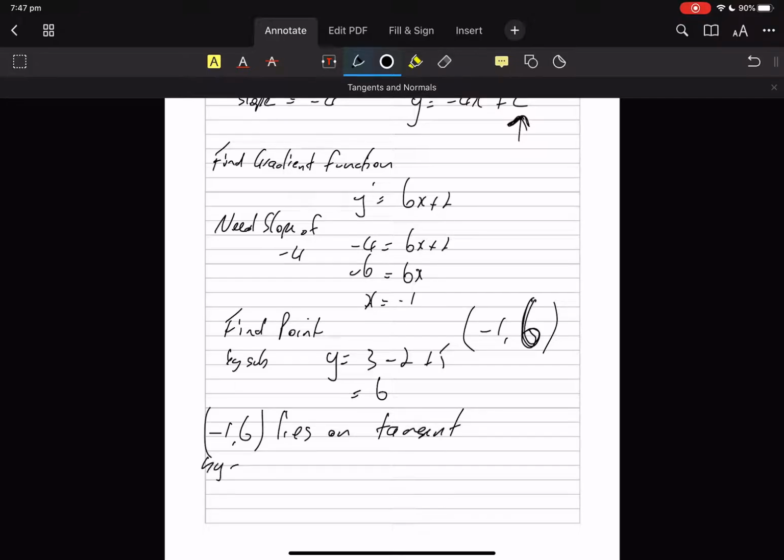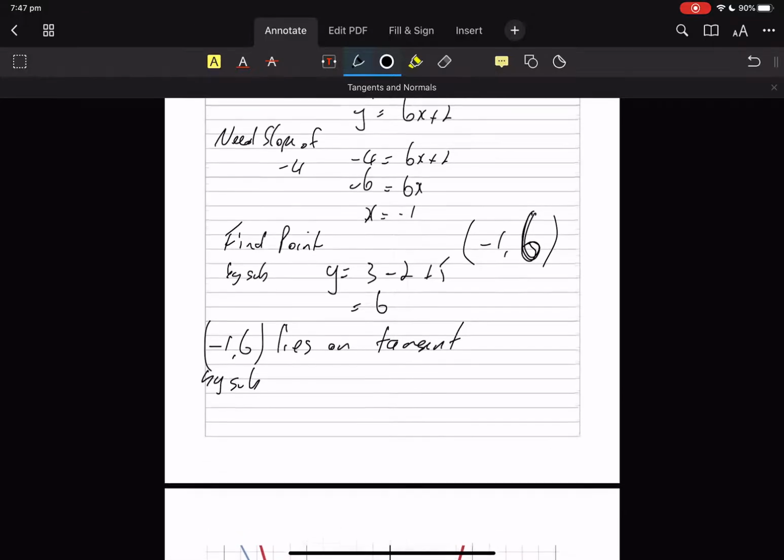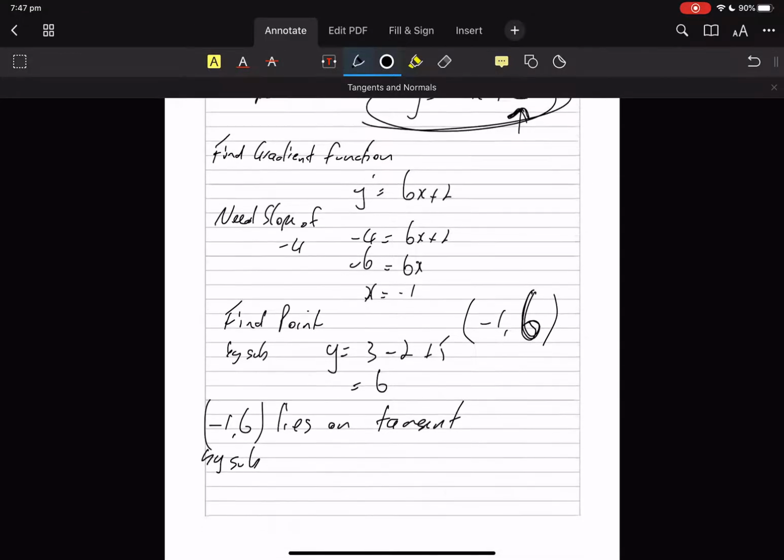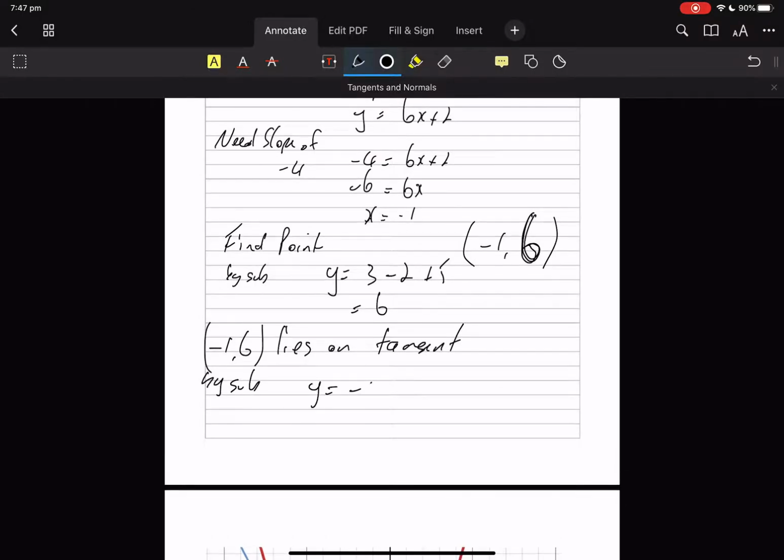so by substitution, I've done it again, I'm running out of room. Remember, this is our tangent line, y equals, and we're going to go when x is minus 1, so that's going to be a plus 4, y is 6, so c equals 2.